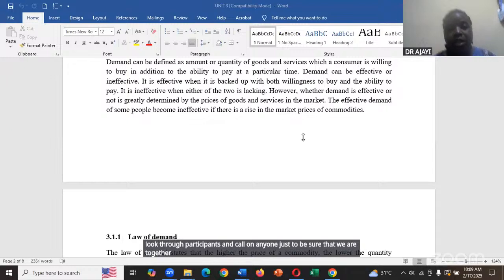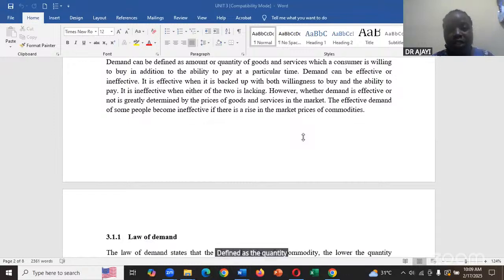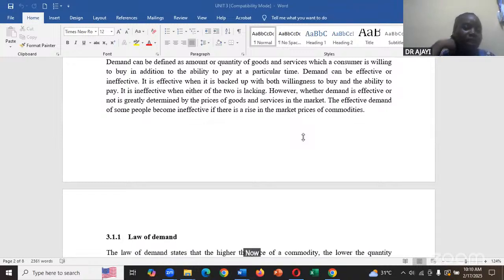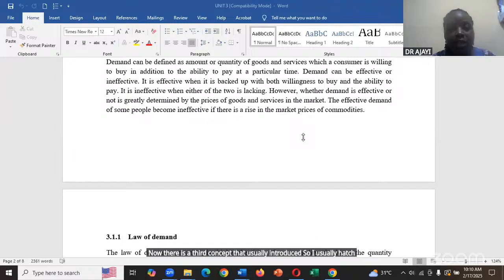So like I said, it is familiar ground, and as a concept, demand is defined as the quantity of goods and services which a consumer is willing to buy, in addition to the ability to pay, at a particular time. Now, there is a third concept that I usually introduce. Apart from willingness and ability, there is readiness.